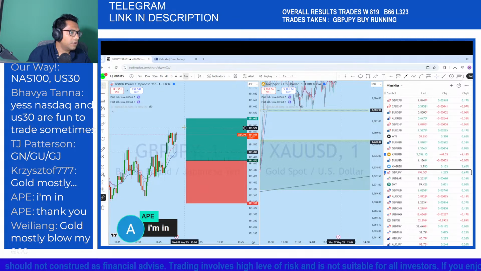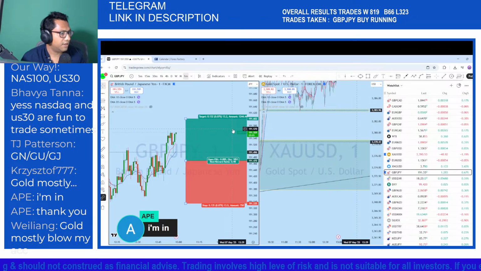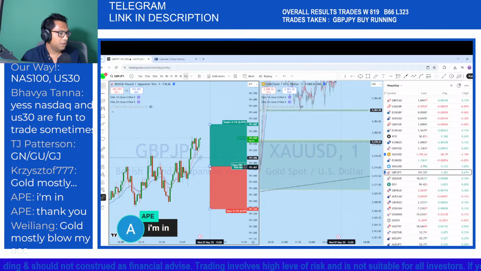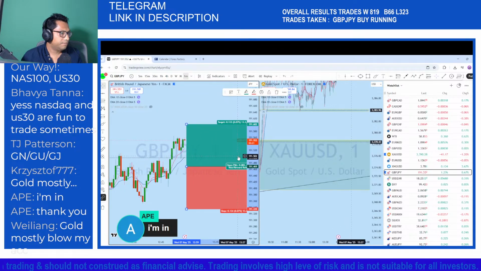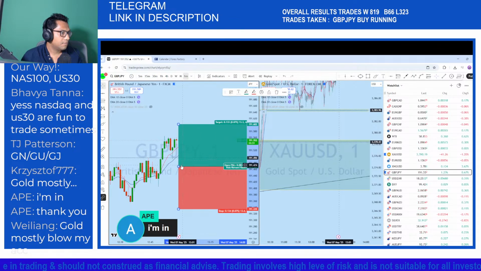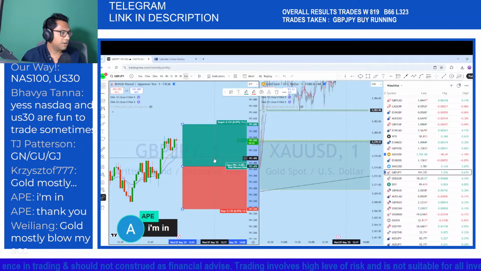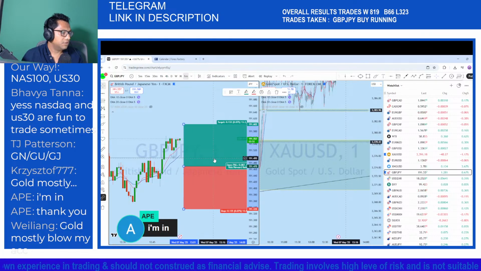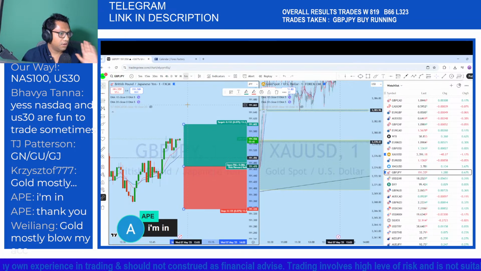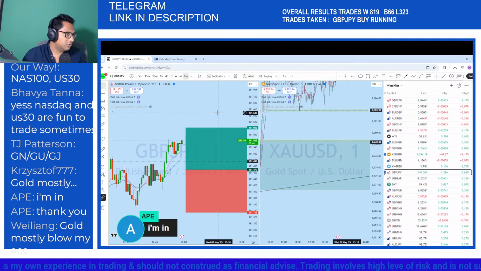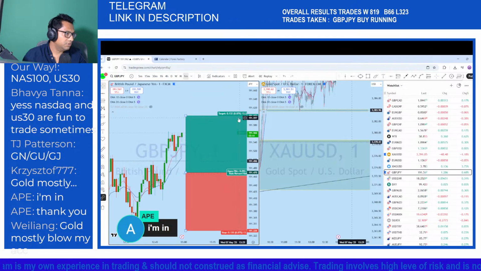Right, so one more candle needed to the upside for a possible breakout. And here you can see the market creating that momentum. Right, so one more bounce needed for possibly going back to the TP here on GBP JPY.